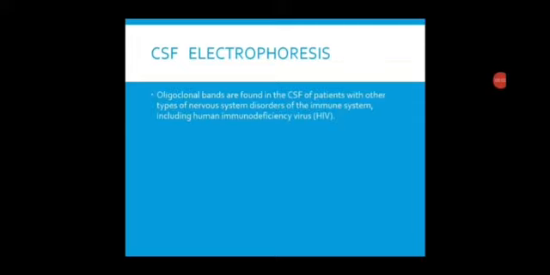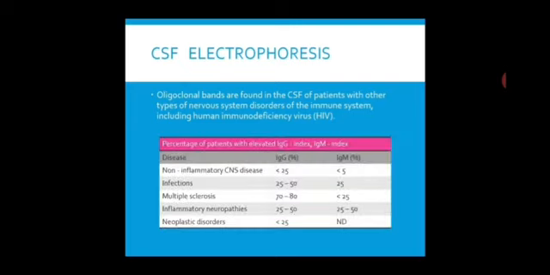These bands are found in the CSF of patients with other types of nervous system disorders of the immune system, including HIV infection. This table shows the percentage of patients with elevated IgG index and IgM index. You can see here in infections, there are 25 to 50% of patients with elevated IgG and only 25% with elevated IgM.